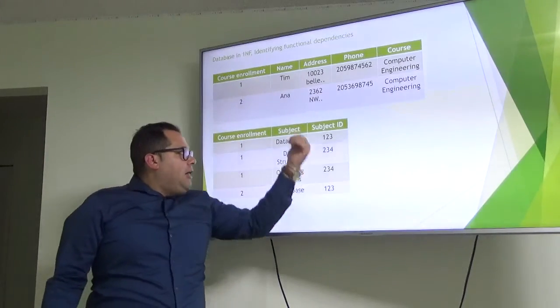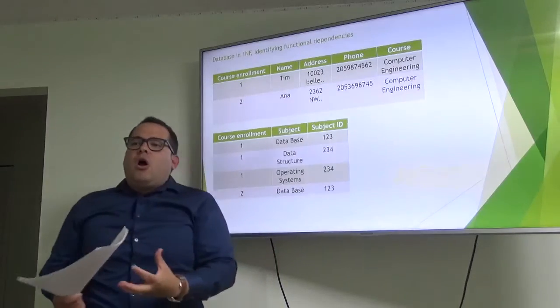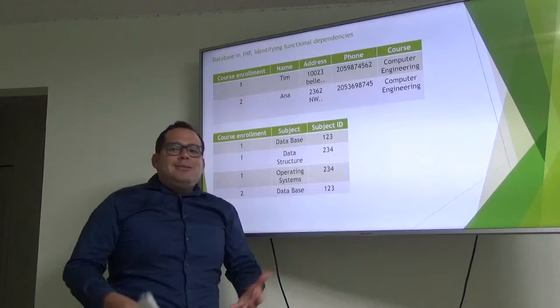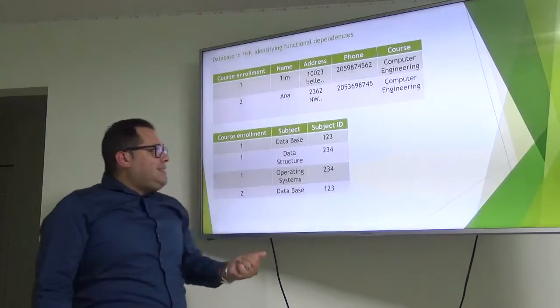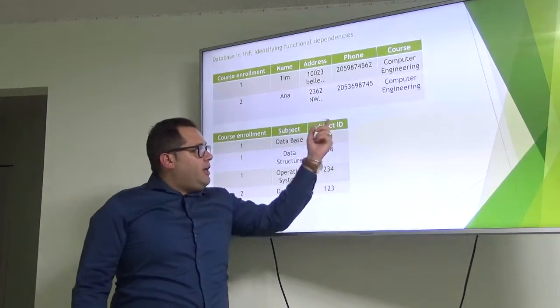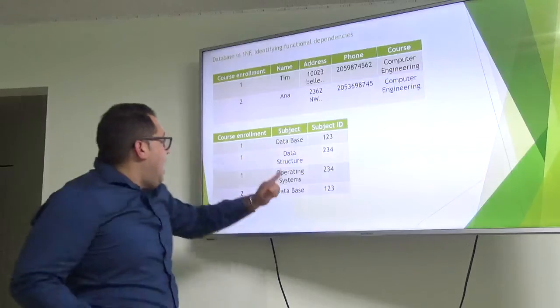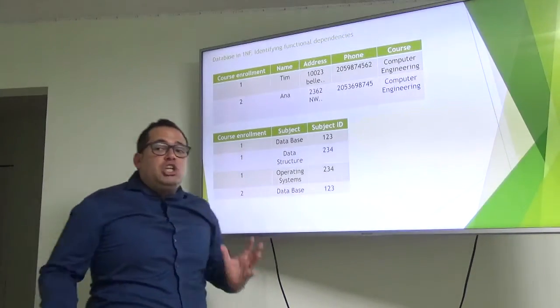The subject depends on its ID, okay? But not necessarily on the course enrollment. So in that case, subject ID is a primary key, and the course enrollment is a foreign key.